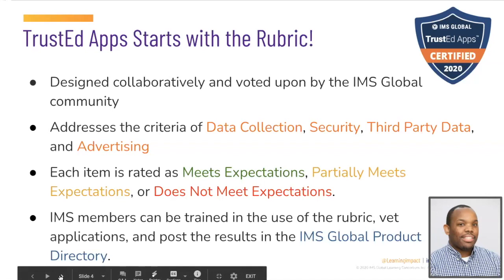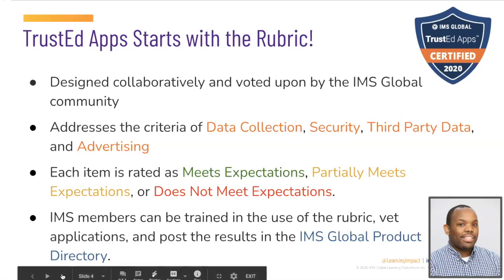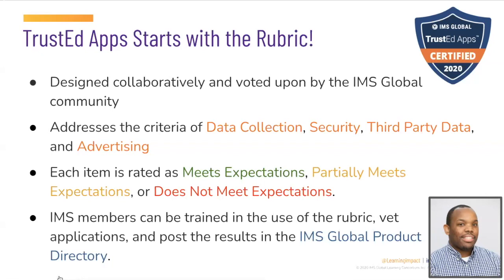We also included higher education leaders across the nation, as well as a few state departments of education. And we all got together and wanted to look at, what does privacy look like? There are a lot of different ways to interpret privacy and how to develop a set of criteria for reviewing an application or reviewing a privacy policy.